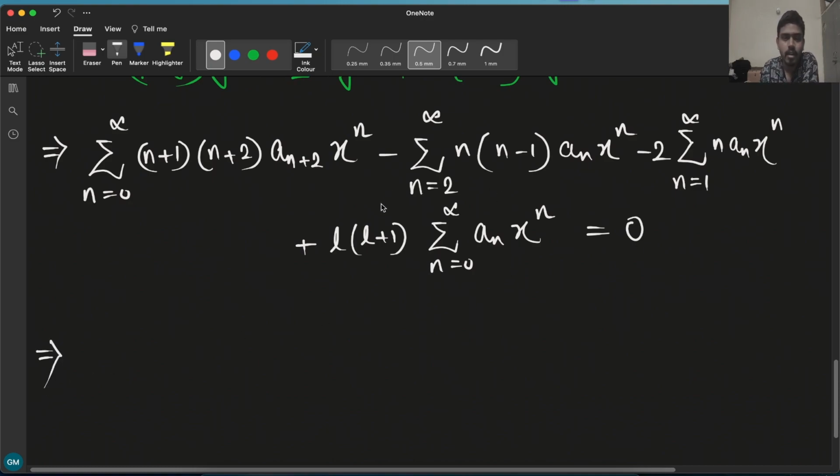You can see that in all these summations, x has a power of n. But still we cannot put them together, because here the summation starts from n equals 0, here from n equals 2, here from n equals 1, and here from n equals 0.